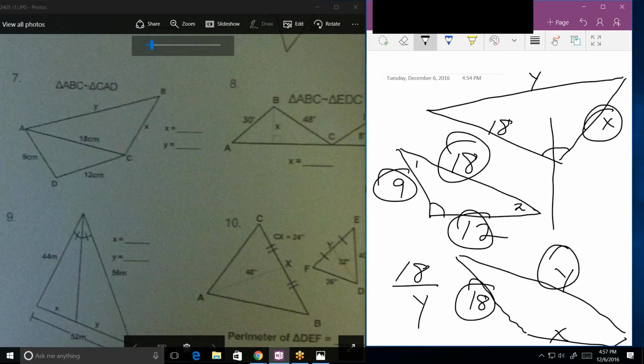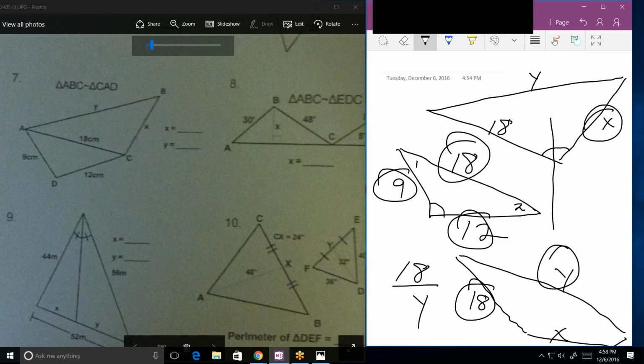You had the x going with the 9, I believe. See what I'm doing? I think we're going to get different answers. In other words, you've got to make sure that you are relating the proper corresponding side.